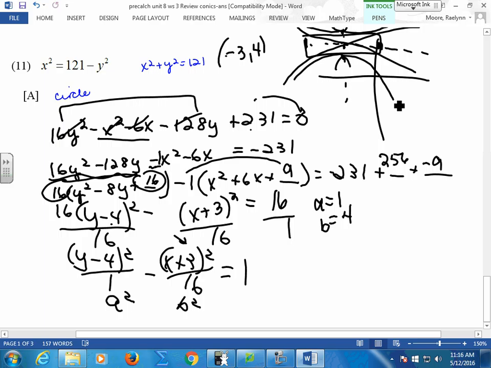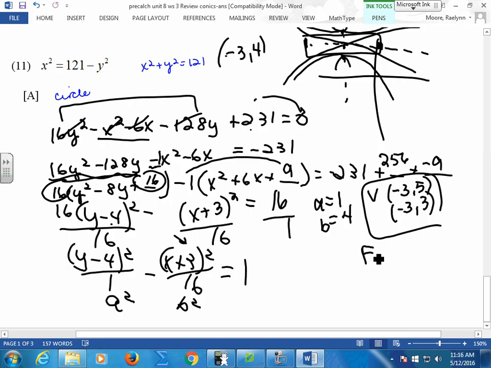So my vertices, since I went up 1, what's my vertices? From (-3, 4), up 1 to (-3, 5), and from (-3, 4), down 1 to (-3, 3). Good. All I need is my vertices. I don't need my co-vertices, but I do need my foci.